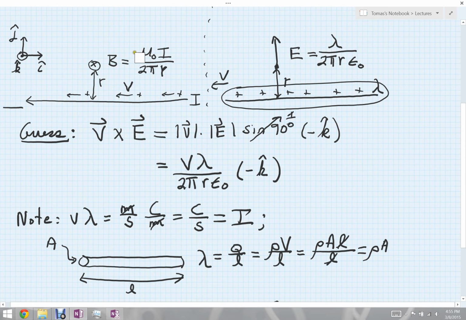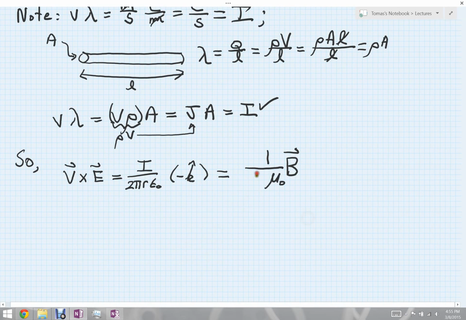So I divide that out, but I also needed an epsilon naught in the denominator, so I'll have an extra factor of epsilon naught mu naught. Perfect. So I can turn this around now. The magnetic field for this case is given by epsilon naught mu naught times the velocity v of the wire crossed with the electric field from the wire.